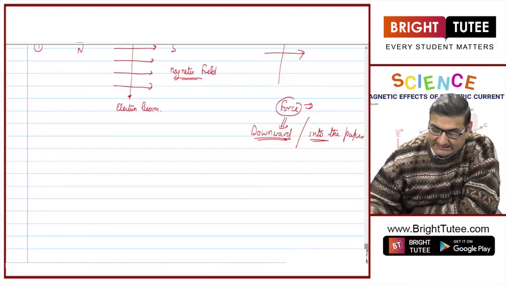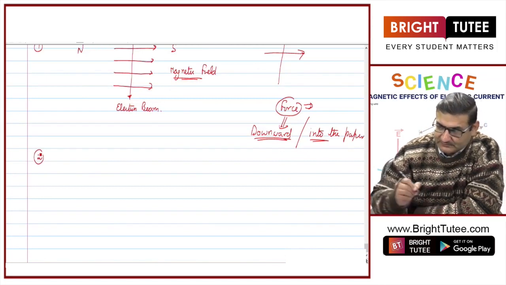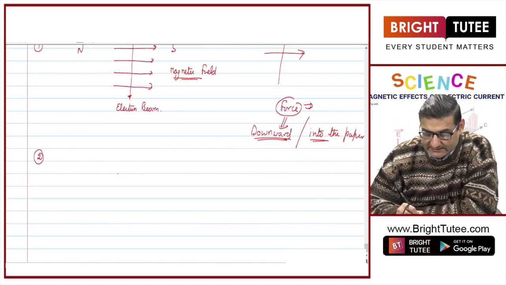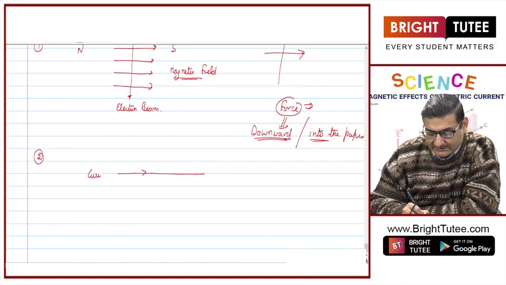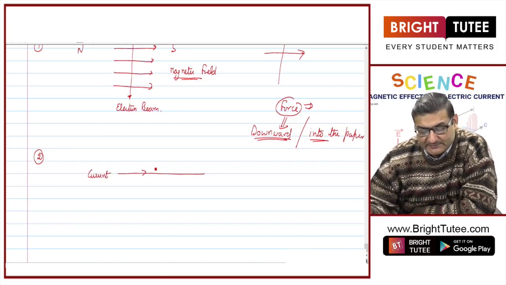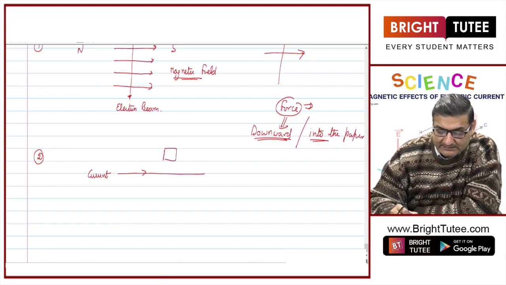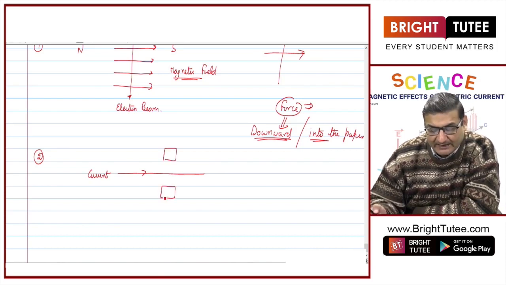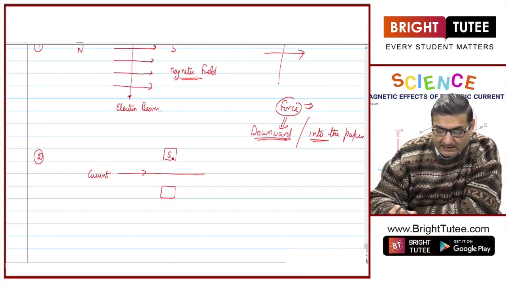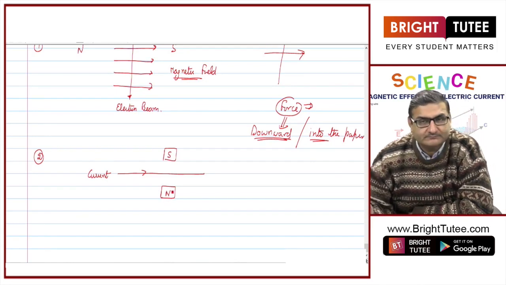Let us see the second question. Let us relate. Now what he is saying is, this is a current carrying wire, this is the direction of current. Simple, we have been given. Now this is a magnetic field and we have said that this is south, this is north. Alright.